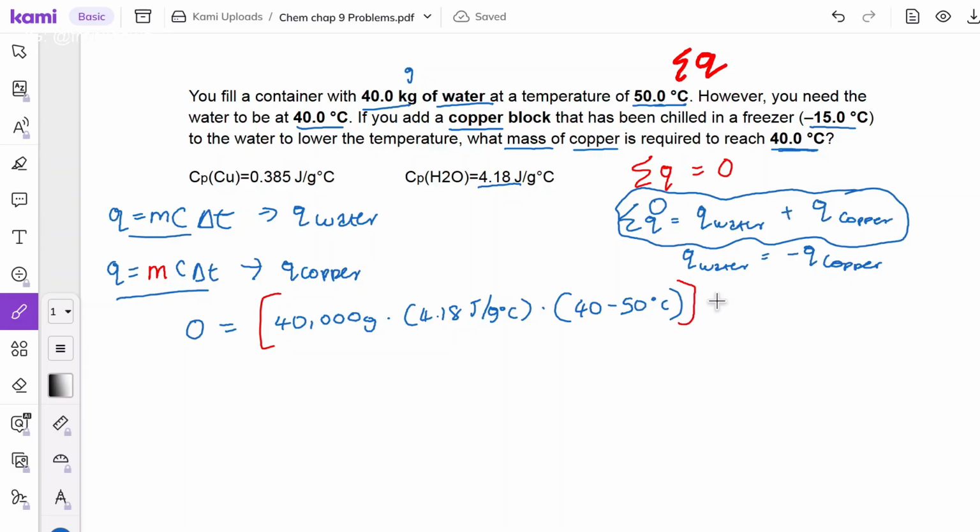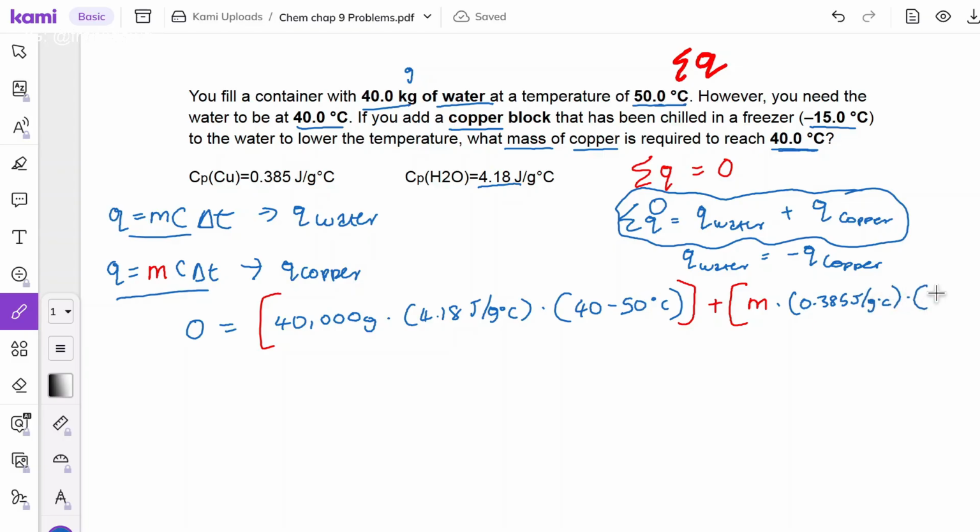And remember, you add it with the Q of copper. And for this copper, we don't know the M, so we're going to leave it as M since they never give us the mass. That's what we're looking for. But we do know the heat capacity of copper, which is 0.385 joules per gram Celsius.